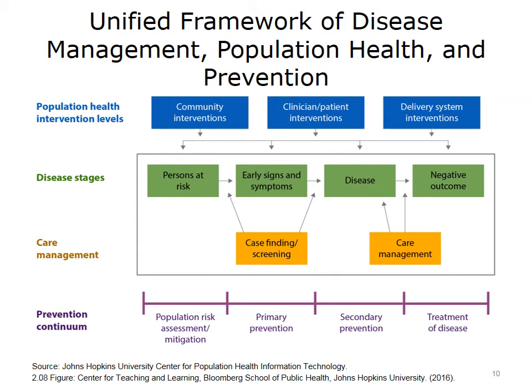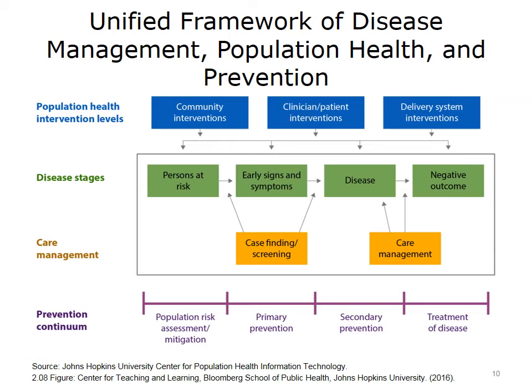This graphic takes the previous one a step further by providing a unified framework that talks about disease management. Some people call it chronic care population management, but it also talks about broader community population health and prevention. It tries to combine perspectives. Again, the 3 levels of intervention discussed at the clinical level, delivery system level, and community level.